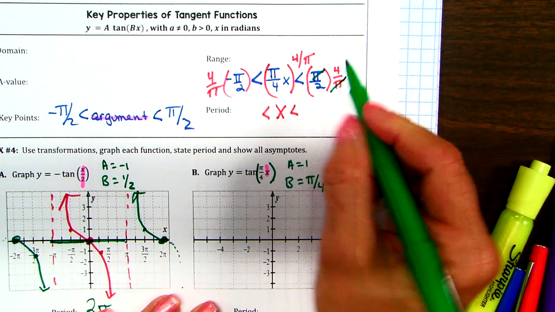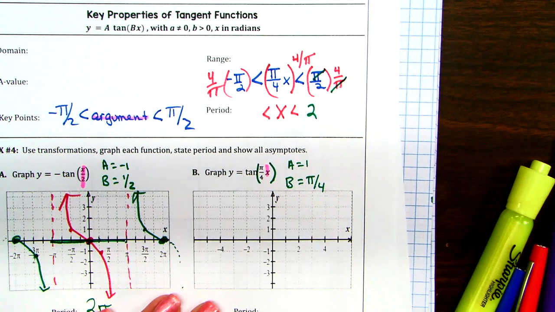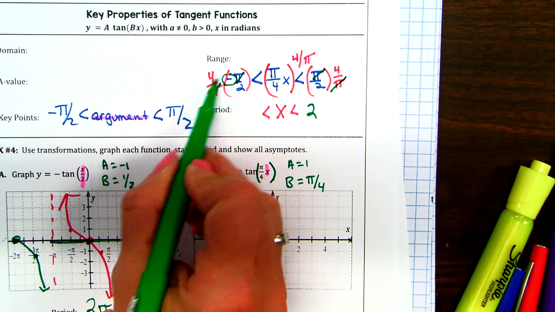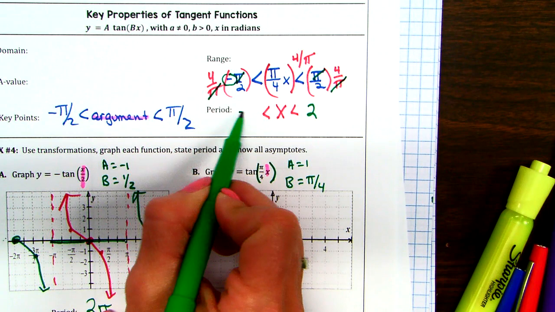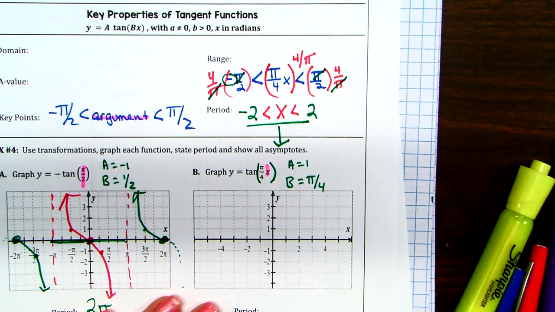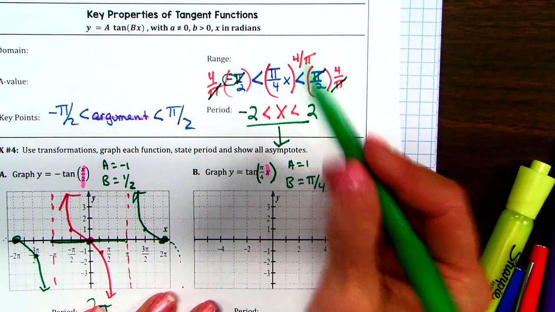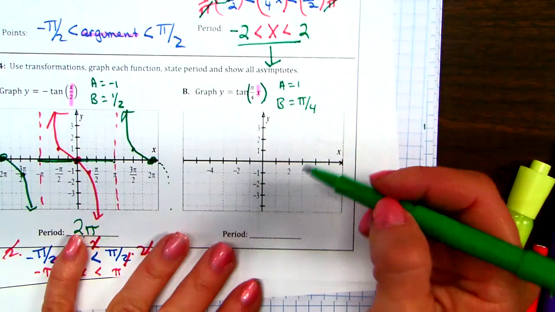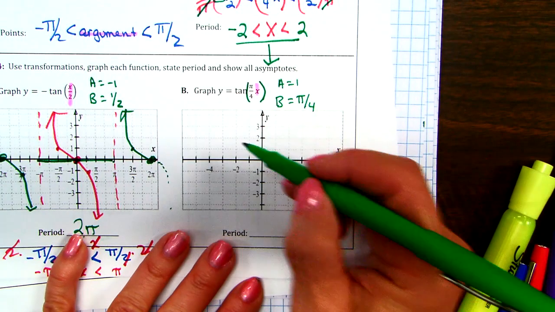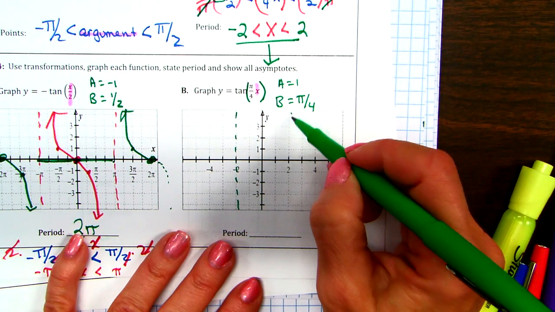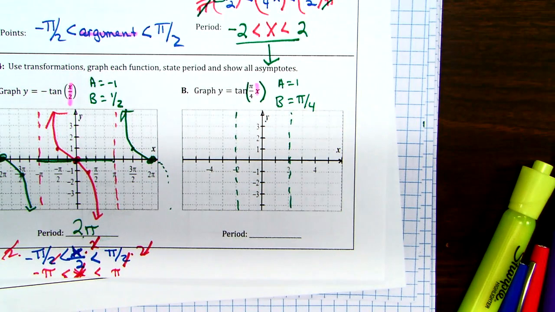Pi's cancel, and I have 4 over 2, or 2. Pi's cancel here. Don't forget about that negative. That's negative 4 over 2, which is negative 2. So these are my asymptotes for this graph. That's the algebra I was talking about, being able to single out that x. Okay, look how nicely my x-axis is set up for me. Notice there's no pi's in there. That's okay. Sometimes the pi gets eliminated.